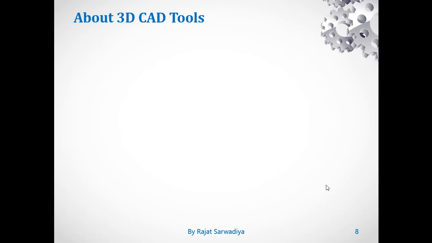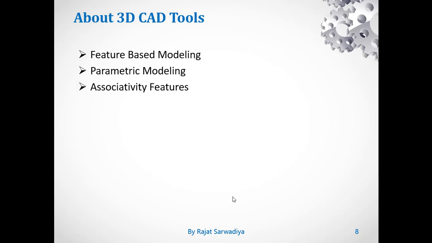These guidelines help us in maintaining, controlling, as well as designing the models, assemblies, as well as generating the draftings. These parameters are: first, feature based modeling; second, parametric modeling; and third, associativity feature.